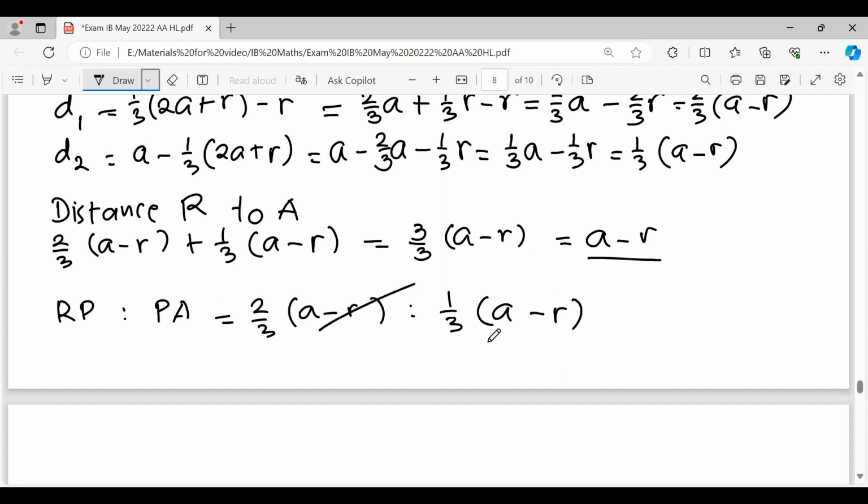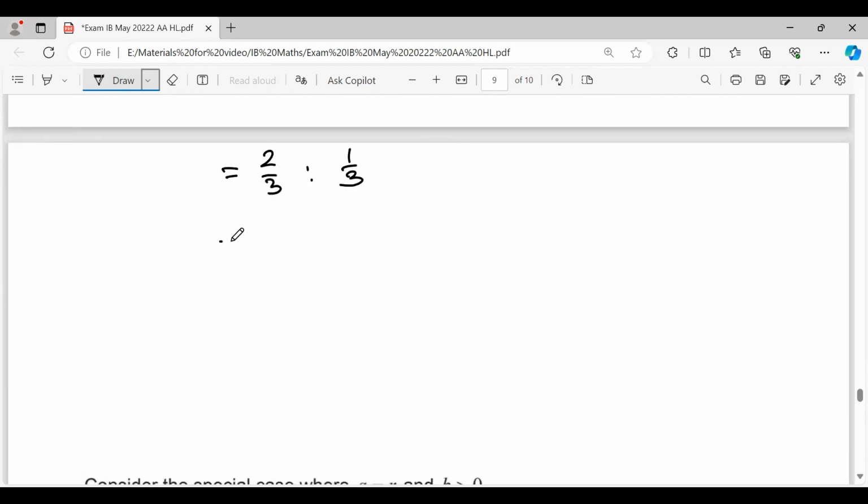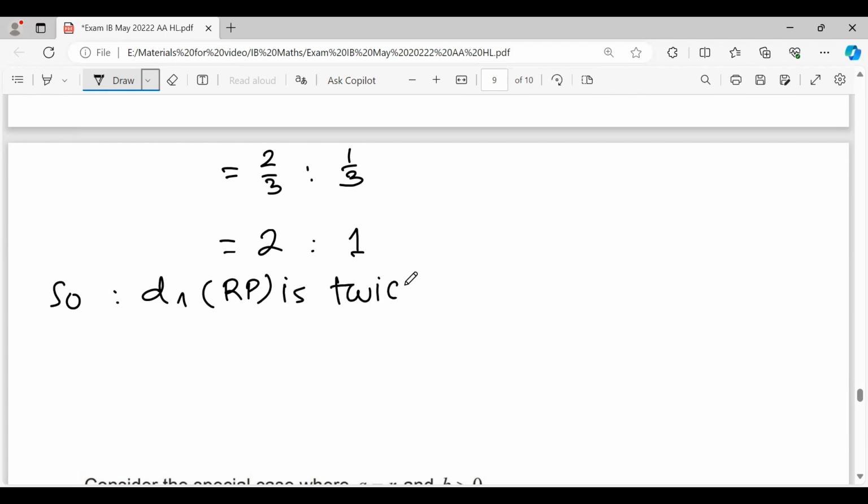So it's going to be 2/3 to 1/3, or 2 to 1. So D1, or segment RP, is twice D2, or segment PA, like that.